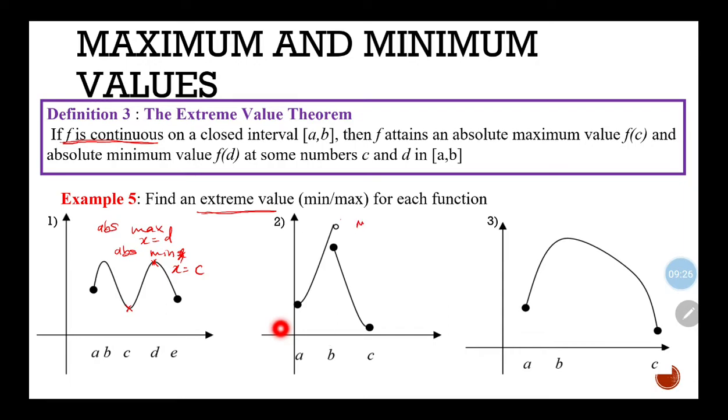So I'm going to write it down in case you did not really grasp what I said. Absolute maximum and absolute minimum do not exist because the function is not continuous.